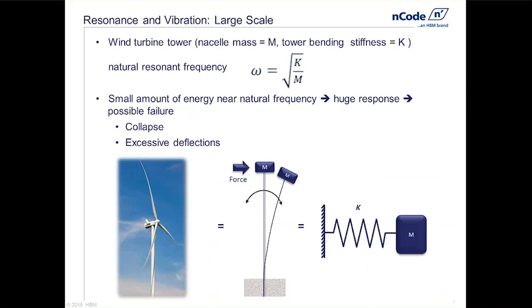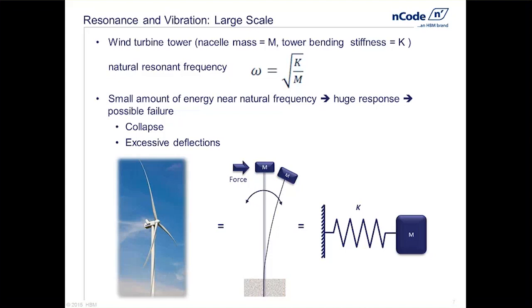So we have M and K, and with that kind of information, we can begin to determine the natural frequency of that structure. And what we do know about natural frequencies is that at those particular natural frequencies, it really only requires a small amount of energy to get a large response.